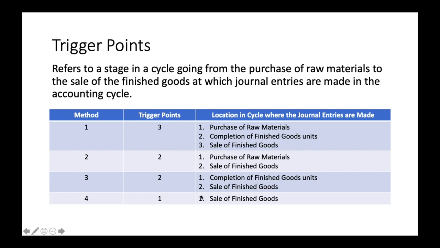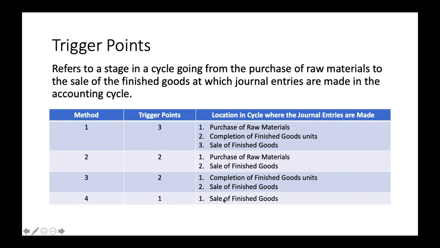Again, a trigger point is only a point where we are going to make a journal entry for the recognition of inventory. But that does not necessarily mean that we are limited to that number of entries, the same as the number of trigger points.